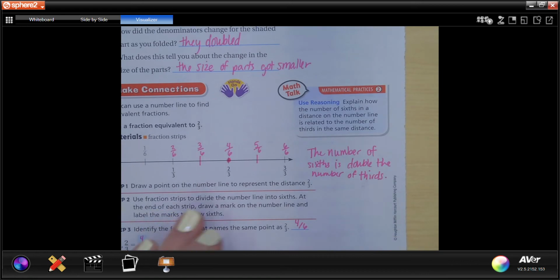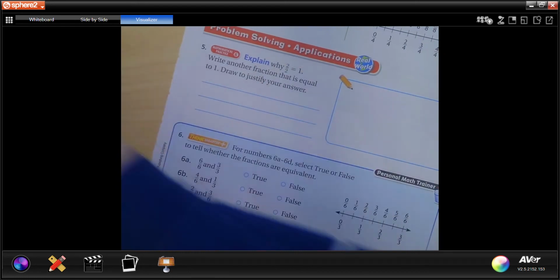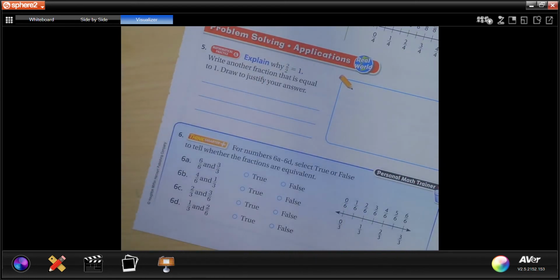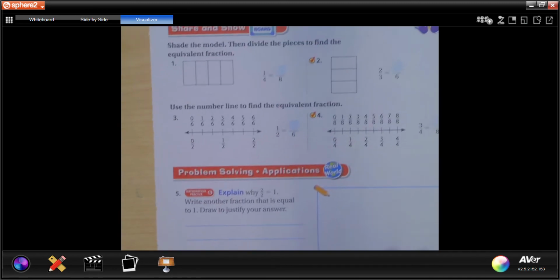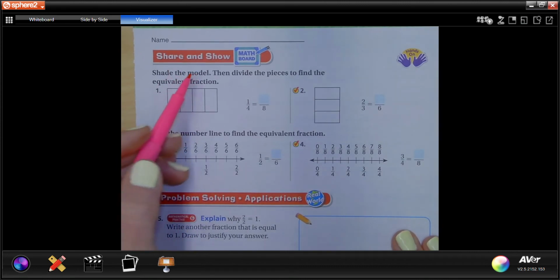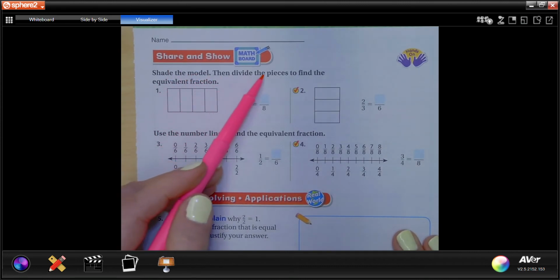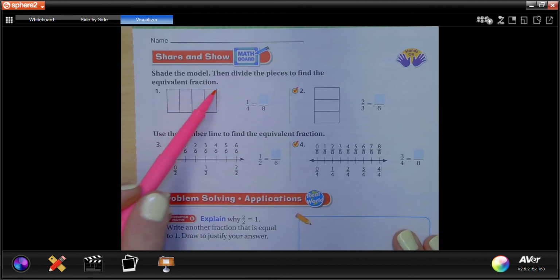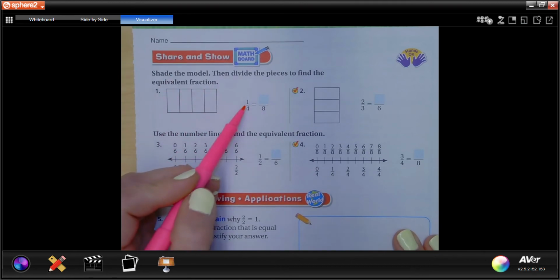Then we're going to go on to page 541. Okay, page 541. Share and show. Shade the model, then divide the pieces to find the equivalent fraction. Well, our fraction is 1/4.